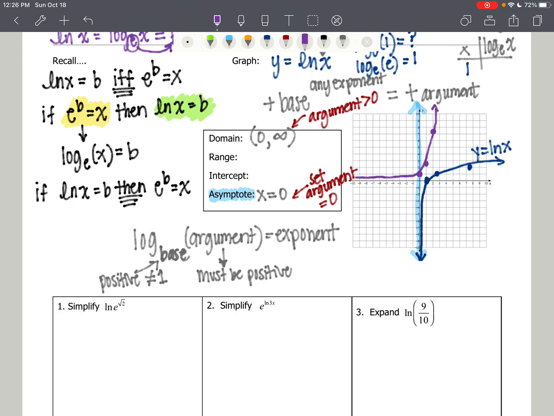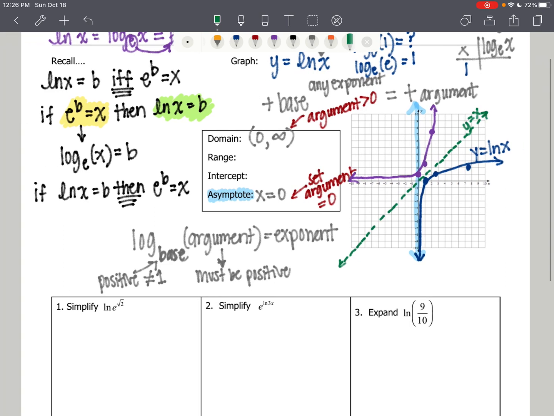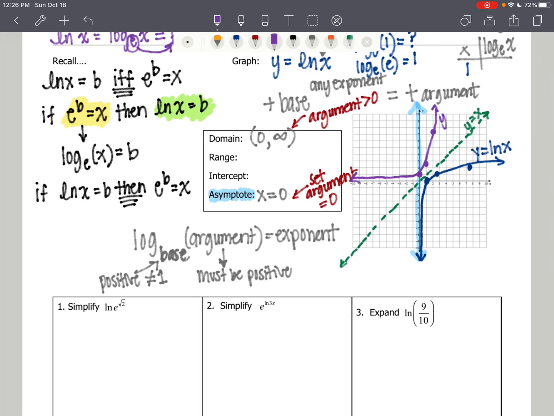And it had a horizontal asymptote, and you can see that these are symmetrical about the line y equals x, which makes them inverses of one another. So this is y equals x, and this is y equals e to the x. So y equals e to the x and y equals the natural log of x are inverses of one another.